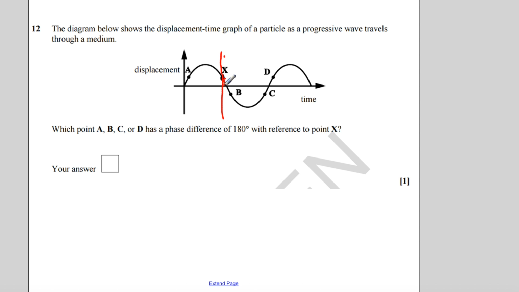So 180 degrees is half a wavelength, so that's C. That's half a wavelength here. And let's just check. This dotted red line here is one wavelength, which is 360 degrees, and our line here is about halfway in between. So we know that this one is answer C.